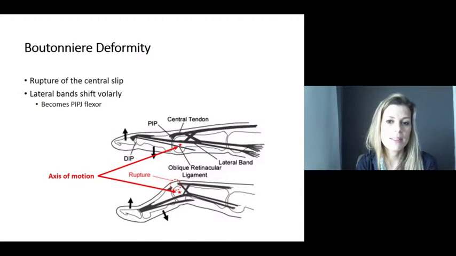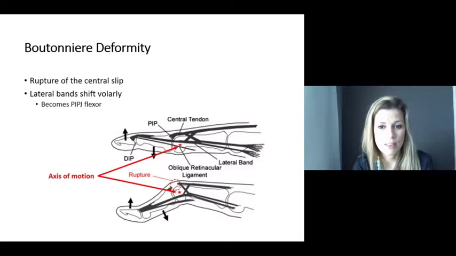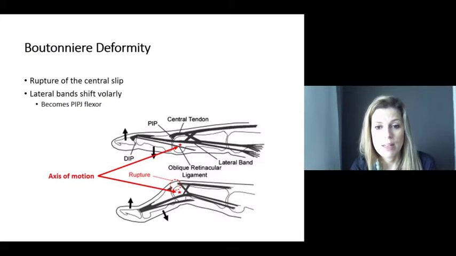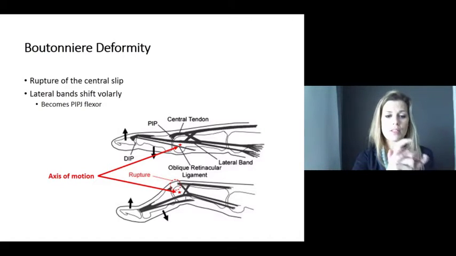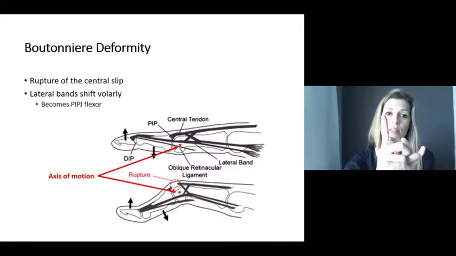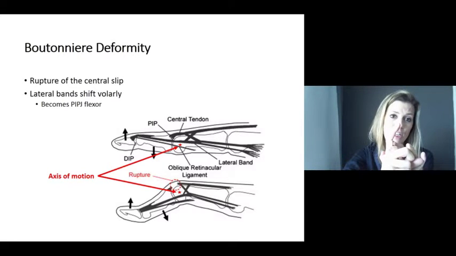Boutonniere deformity. This is the exact opposite of a swan neck deformity. So with a boutonniere deformity, oftentimes the problem is a rupture in the central slip. So central slip we know is going to extend at the PIP joint. If central slip is not intact, then the PIP joint falls into flexion, okay?